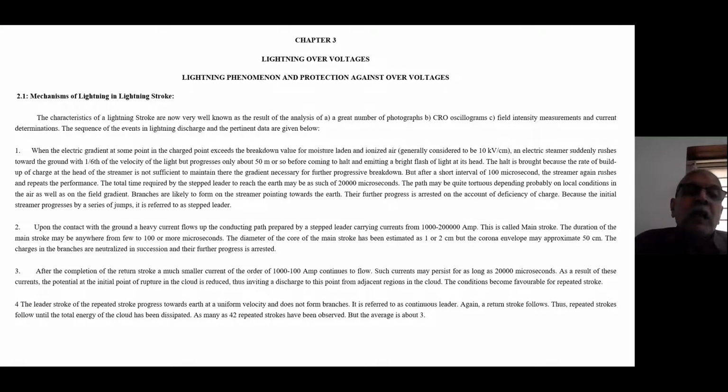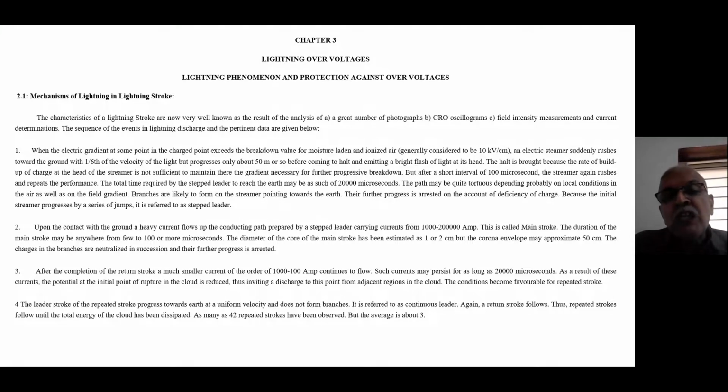And repeated strokes are harmful because if the lightning falls three times, it will damage many things. First, it can damage very tall buildings, 12 story, 14 story, and now the Empire State Building, 105 story, and yet higher buildings are now there.